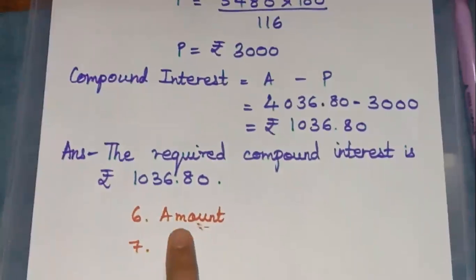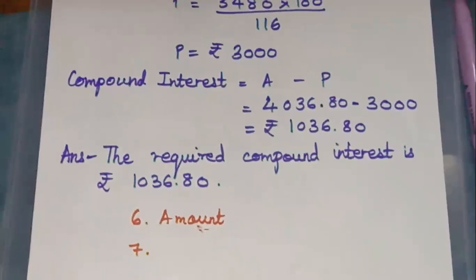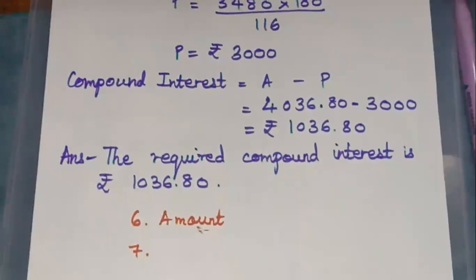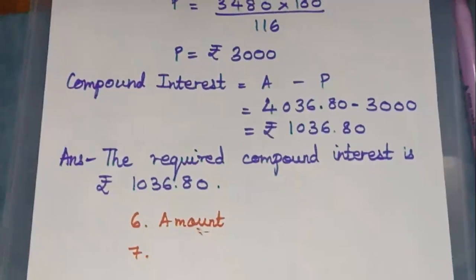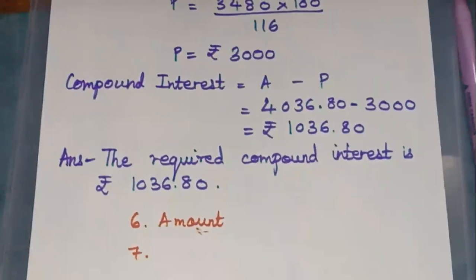Okay, coming to the seventh sum, let us read the seventh question. A principal amounts to rupees 13,924 in 2 years by compound interest at 18 PCPA. Find the principal. Now here girls, this type of question is a bit different than the question which we did earlier.